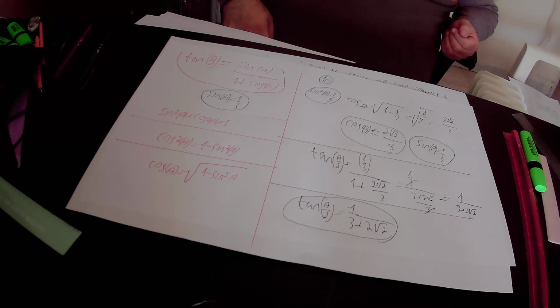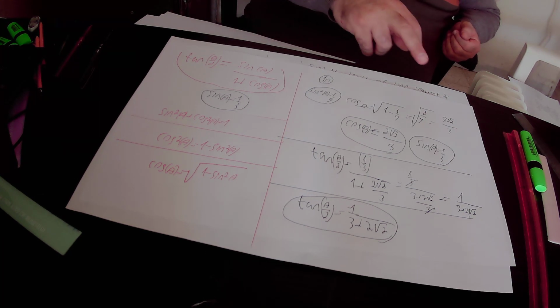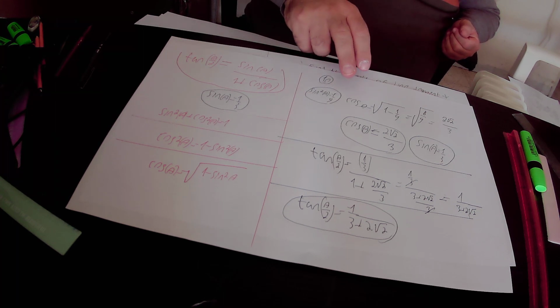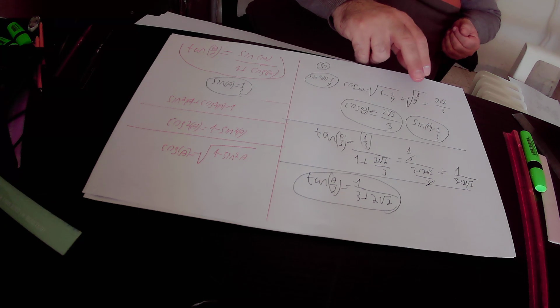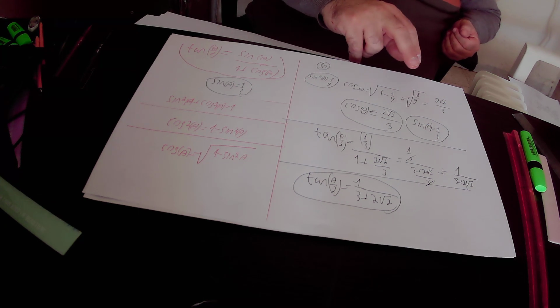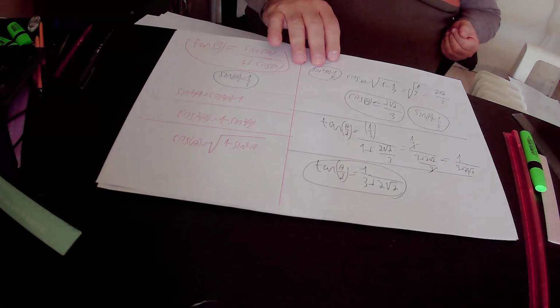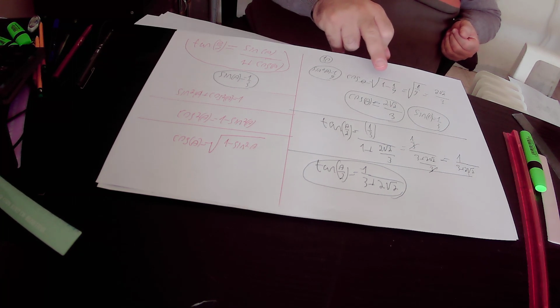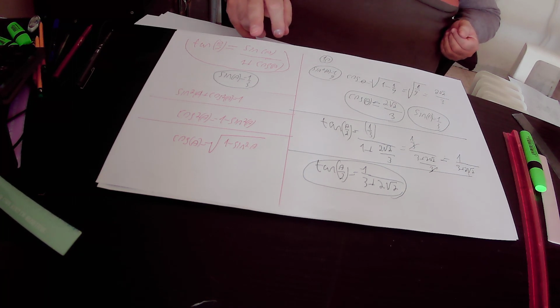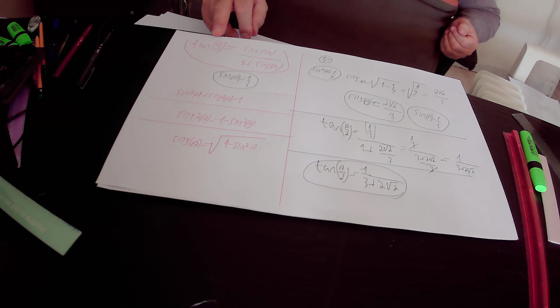And the square root of 8 is 2 times square root of 2, the square root of 9 is 3, so in conclusion we found that cosine theta equals 2 times square root of 2 over 3, and we already found that sine theta equals 1 over 3. So now we can put the values of cosine theta and sine theta inside the identity in order to find the value of tangent theta over 2.